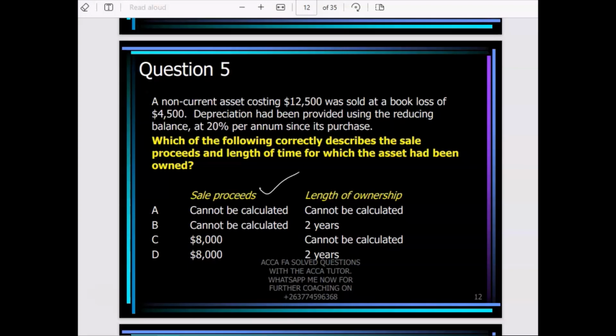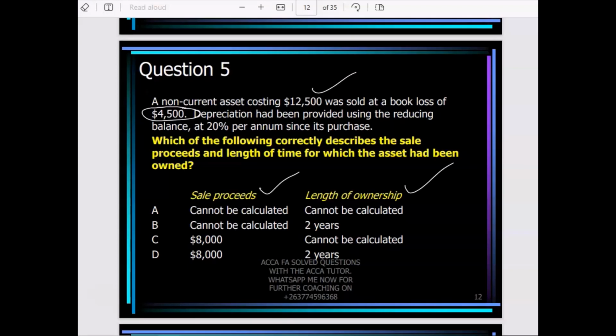We need to determine the sales proceeds and the length of ownership for this asset. Now, we are only given the cost information and whether the asset was sold at a loss. In this case, it was sold at a loss of 4.5, and then the depreciation rate using the reducing balance method.